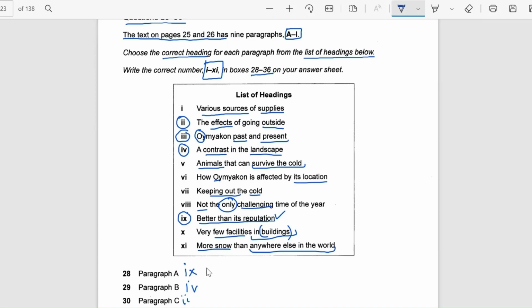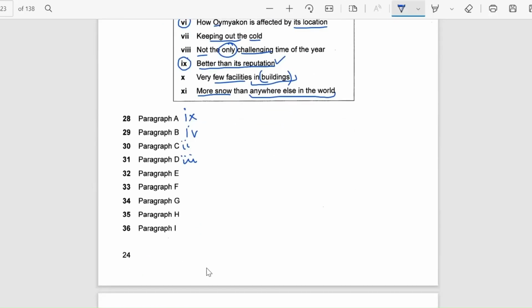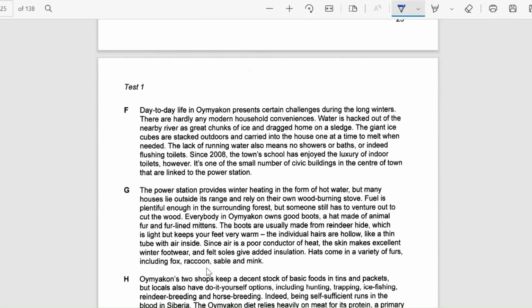So I suddenly think of point 6 here, how this place is affected by its location. So the whole location details were talked about, the height, the distance from the ocean, and it being in the valley, the wind gets trapped. So all these points are mentioned here, and this is how we get to the next answer, which was number 6. Okay, now let's quickly go to para F.